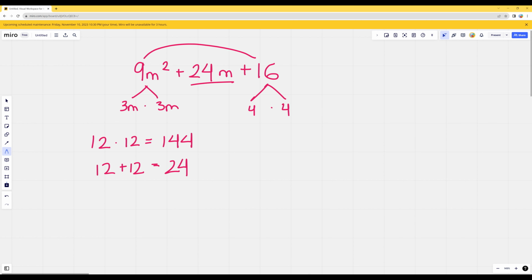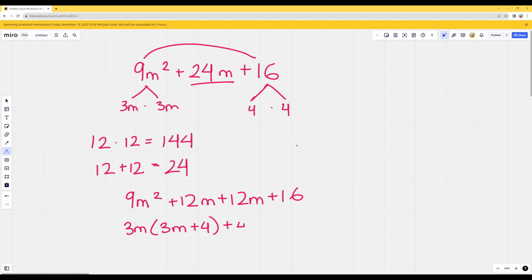So now let's rewrite our expression with our middle term split into two parts. It's going to be 9m squared plus 12m plus 12m again, and plus our last term, 16. Now let's factor out a GCF from both halves of our expression, and we're going to notice that in our answer, there are going to be two brackets that consist of the exact same contents. So our final answer is going to be 3m plus 4 inside a bracket and squared.